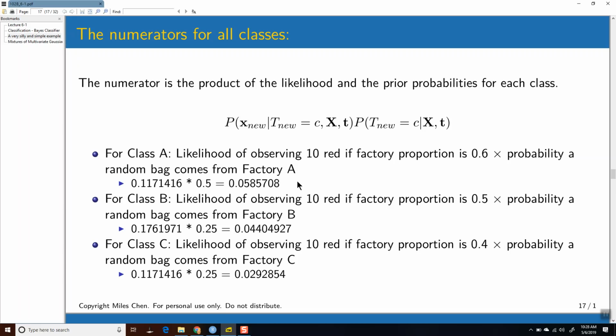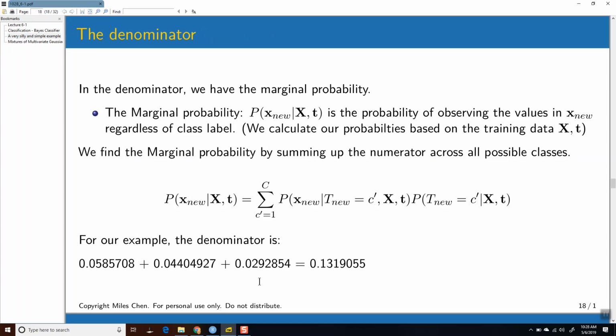We've covered all three possible scenarios in the universe regarding our bag, given the model that we have: it has to come from either factory A or factory B or factory C. The resulting probabilities have to add up to 1, which means the denominator is going to be the sum of these three things. So I take those three parts, add them up, and we get something like 0.1319.